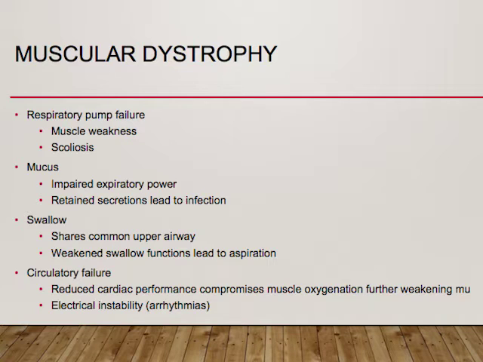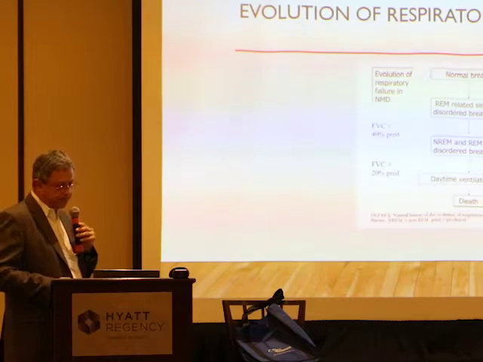The other thing that happens with the heart, and we'll talk a little bit more about it, is electrical instability, which is basically changes in the heart rate, fast heart rates, slow heart rates, that sort of thing. Again, it has a direct relationship to cardiac performance and, as a result, the actual delivery of oxygen to tissue.